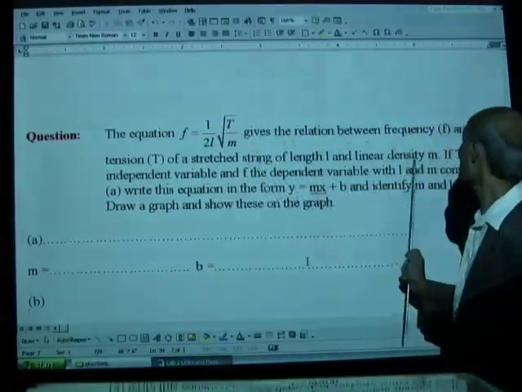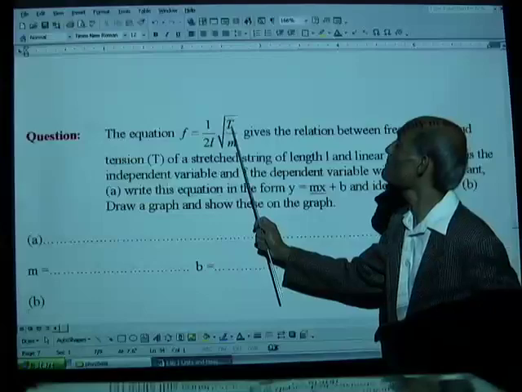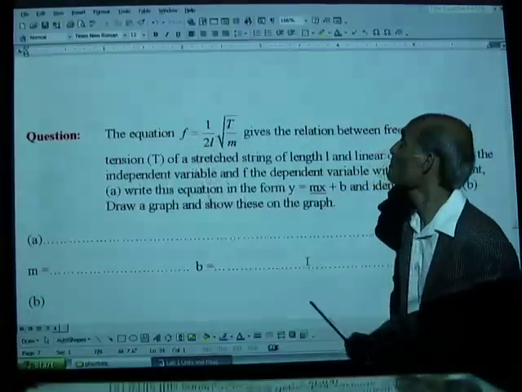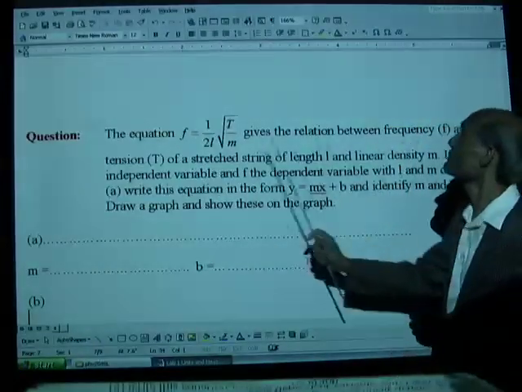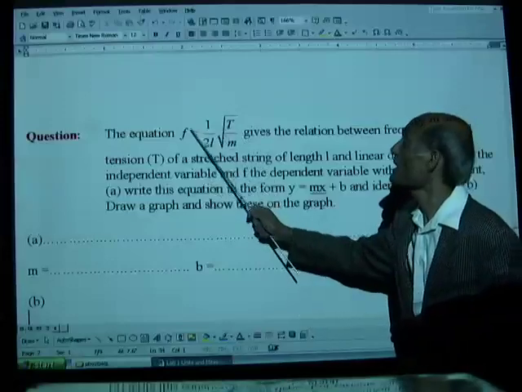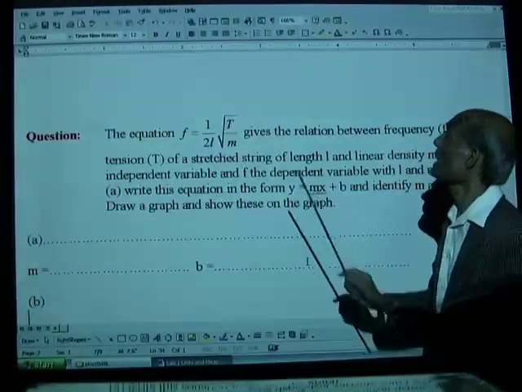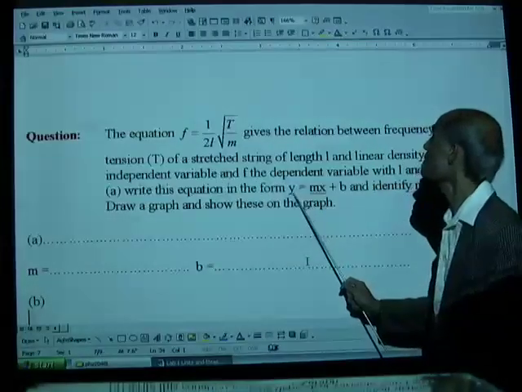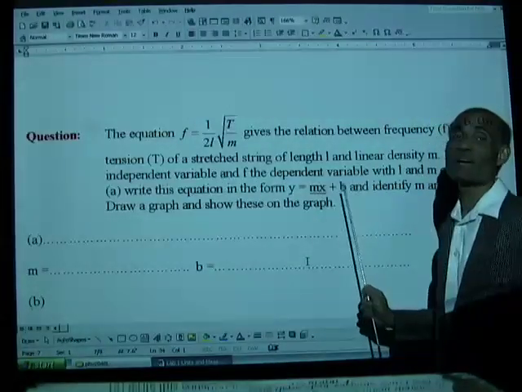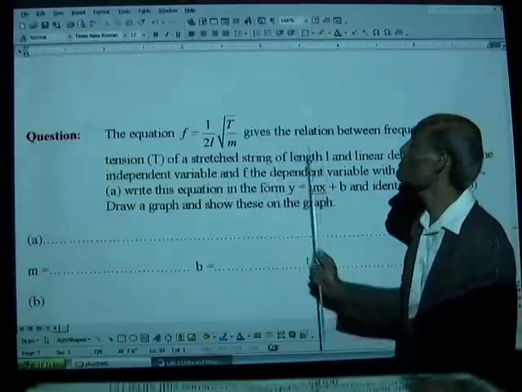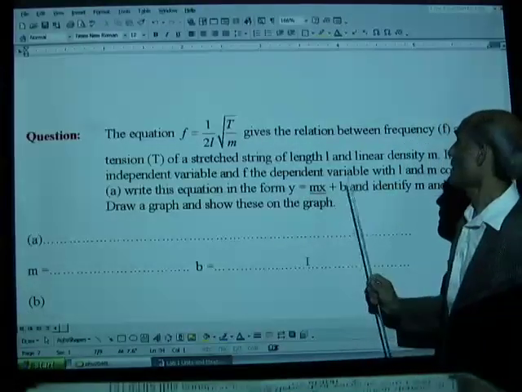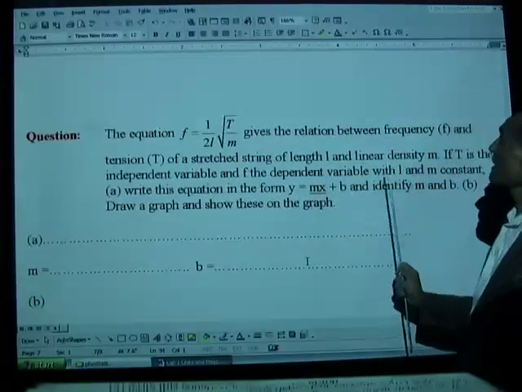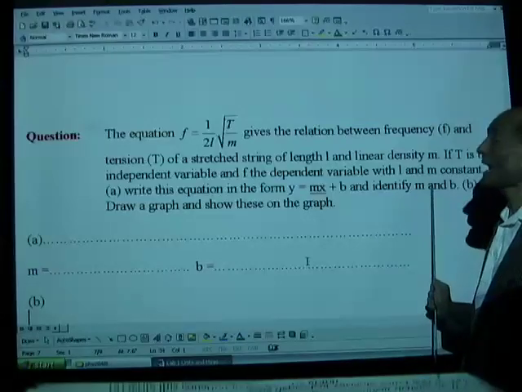Use that concept to write this equation in the form y equal to mx plus b. But of course b is 0. And then identify your m and b.